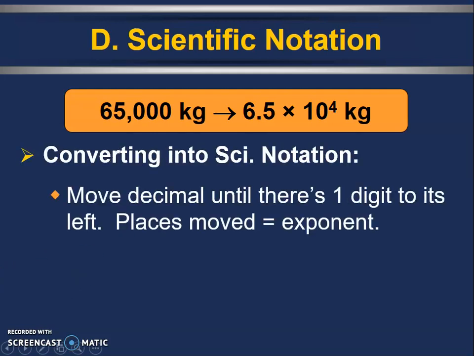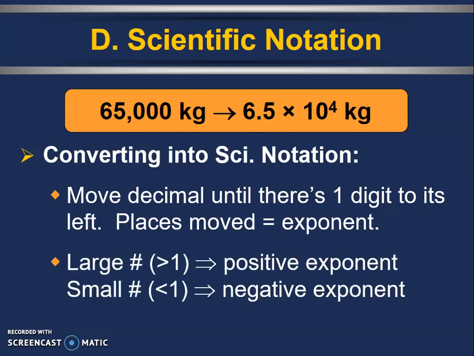Well, what we're going to do is we're going to take our great big giant number and we're going to move the decimal until there's one digit to the left of the decimal, okay? And then however many places we had to move, however many numbers we had to move to get there, that's going to become our exponent, okay?